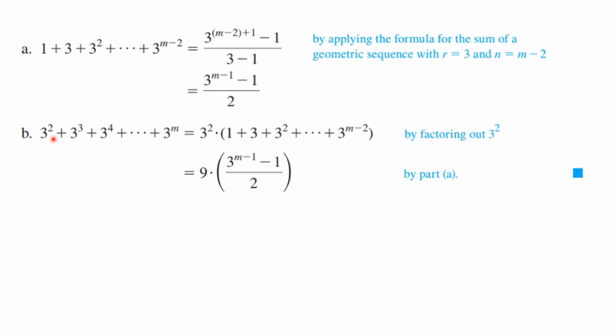Here, I'm starting at 3 squared, but all of these terms have a factor greater than or equal to 3 squared. So I will factor 3 squared out of this sum. So that's going to be 3 squared, and what is left is exactly what I evaluated in A. So this is going to be 9 times this expression.